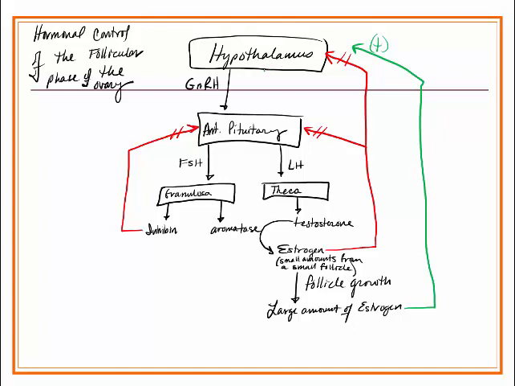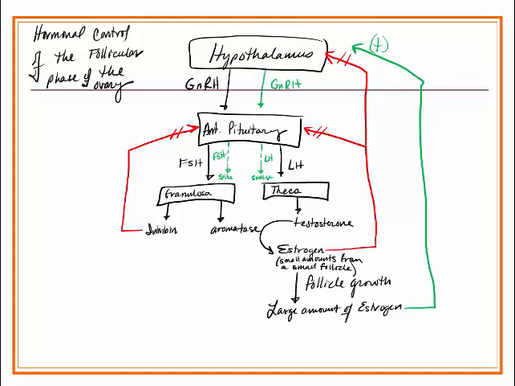So the second round of hypothalamus, when it's stimulated by this estrogen coming from a large follicle, is to release gonadotropin-releasing hormone again. That's going to then cause the anterior pituitary to release FSH and LH again. You'll get a fair amount of FSH, which is called the FSH spike, but you'll get a huge amount of LH, which is called the LH surge.